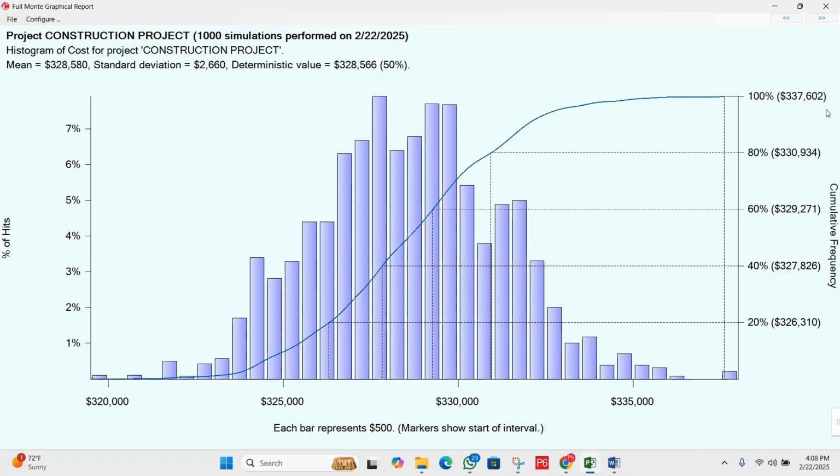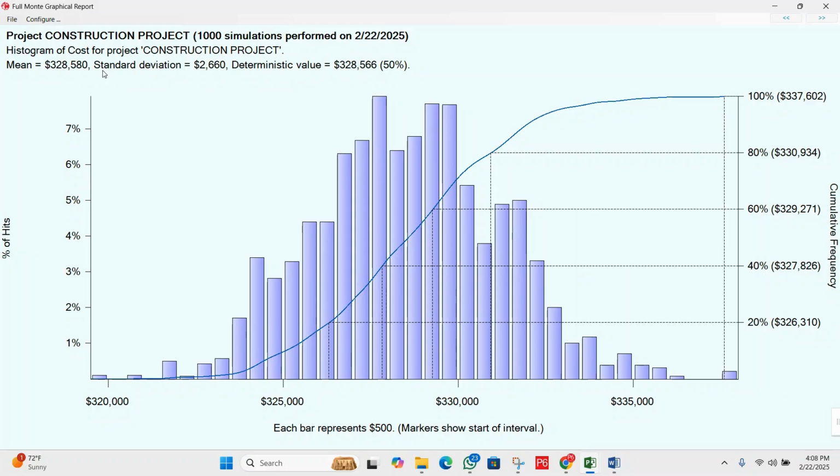After taking the overview of all these probabilities, the mean is $328,580, which is slightly higher than the deterministic estimation of 328,566. That is slightly high, meaning that the uncertainties are pushing the cost up slightly.